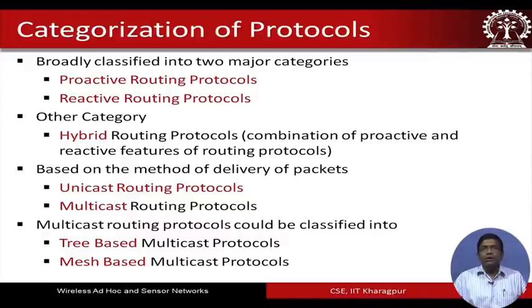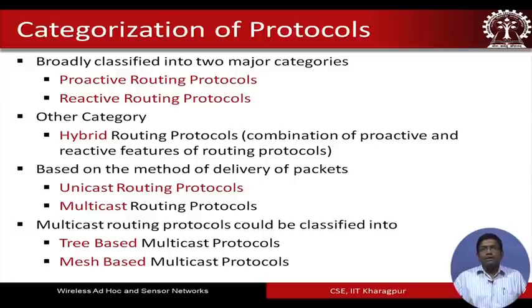We will go over each of these in a short while, but before that let me also tell you that there exists another category known as the hybrid routing protocols, which combine some of the features of the proactive and the reactive routing protocols, and try to increase the efficiency of performance.